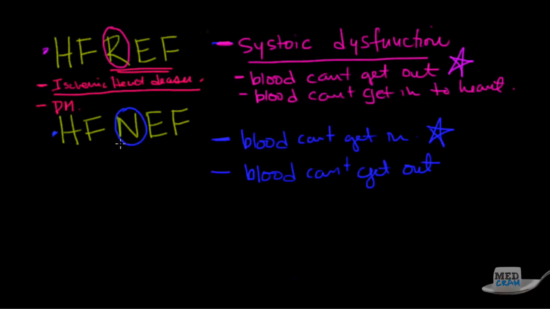Okay? So what's the problem in normal ejection fraction? Well, remember here is that blood can't get into the heart. And the reason why blood can't get into the heart is because they've had hypertension for so long that their muscles are so thick that they can't relax anymore. So the big one here is hypertension.